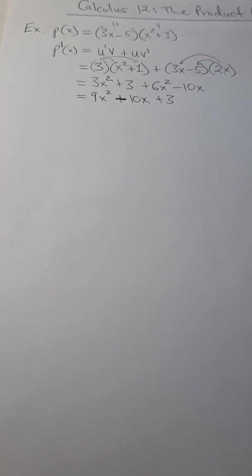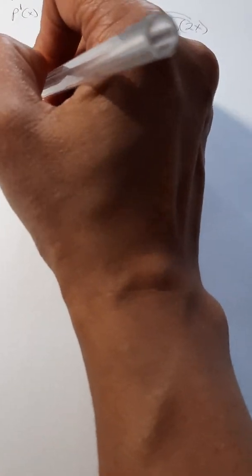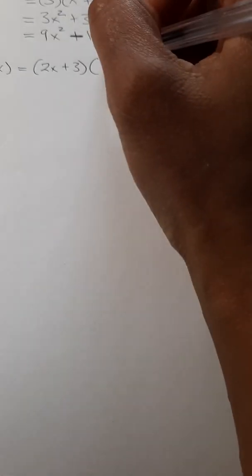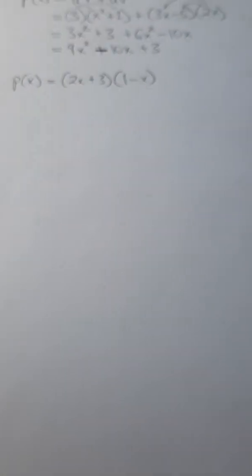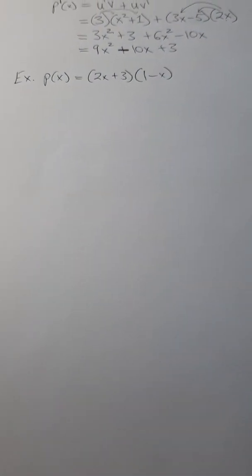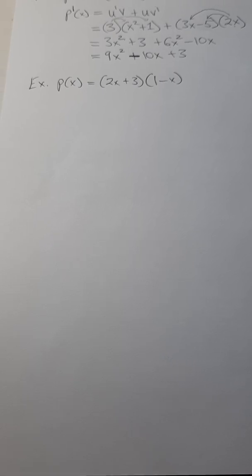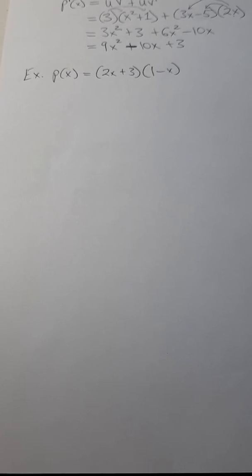So let's try one more question here. Okay, so let's try this one. Let's use P of X equals 2x plus 3 in one bracket, and we'll do 1 minus x in the second bracket. P of X or y equals, it doesn't really matter what the function is.